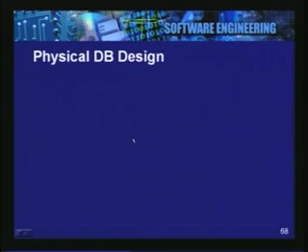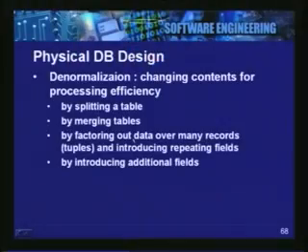Now, this is a normalized design. We will design the physical database from here, which will take into account the performance requirements and how the database is used, so that we can ensure that the performance will be better with respect to the way the data will be accessed.